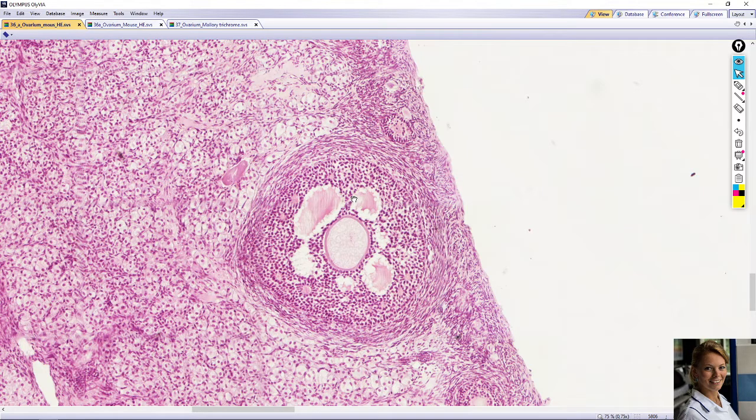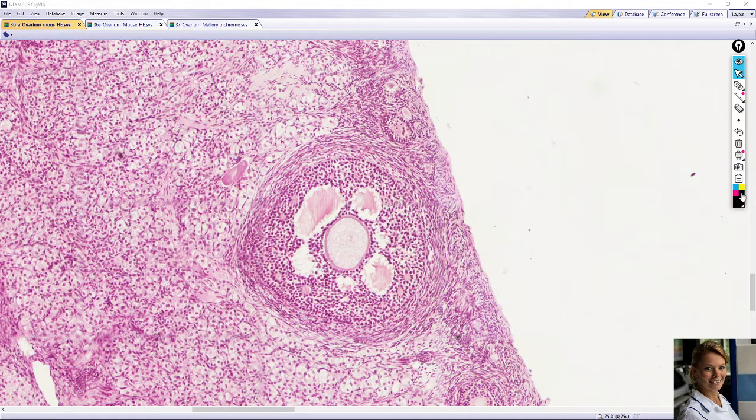The fluid areas eventually fuse to form a fluid-filled cavity called the antrum. Follicles with antral cavities are called secondary antral follicles. It depends on literature, but we call the secondary follicles this structure.